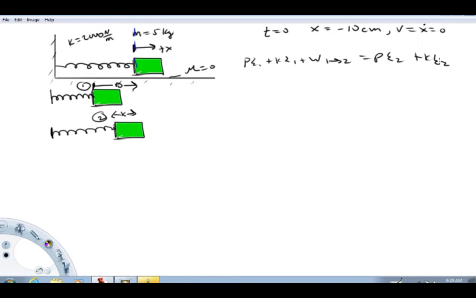In position 1, there's a potential energy of 1/2 kd squared for the fact the spring is compressed, and there's no kinetic energy because it was released from rest.